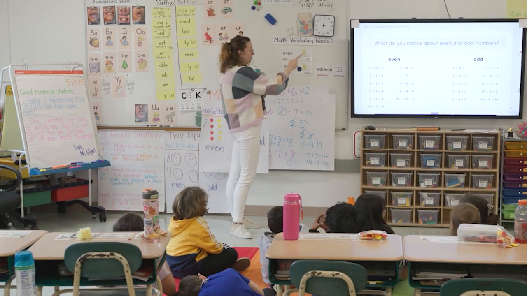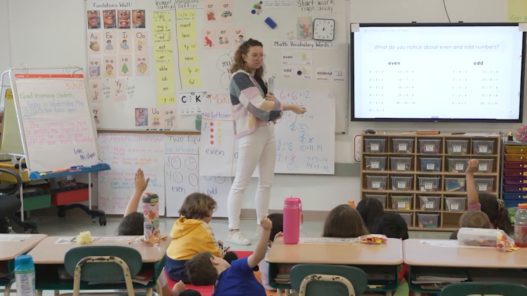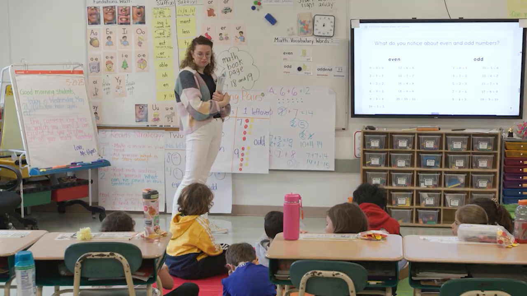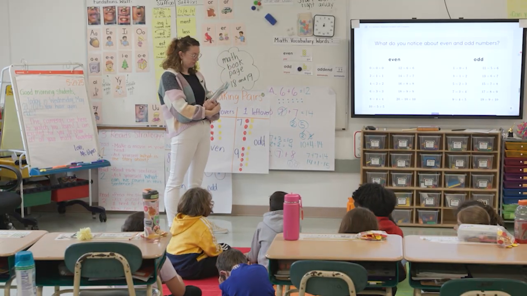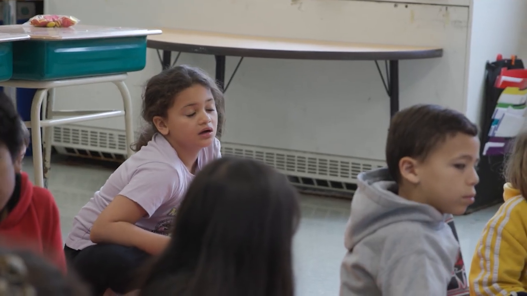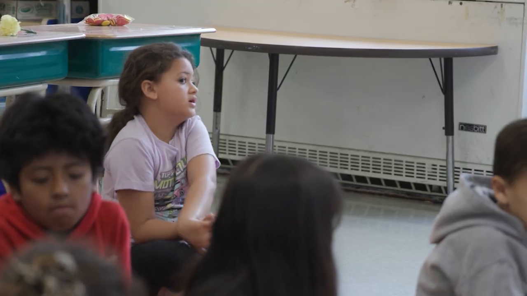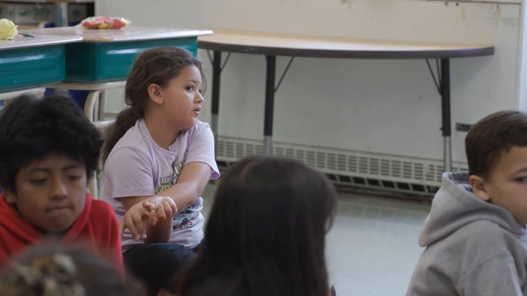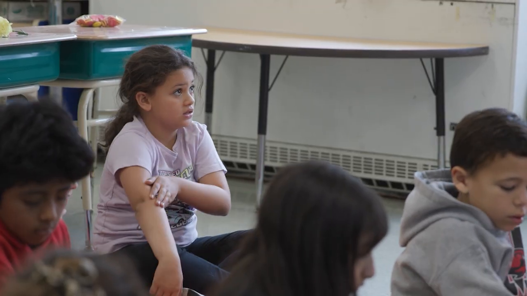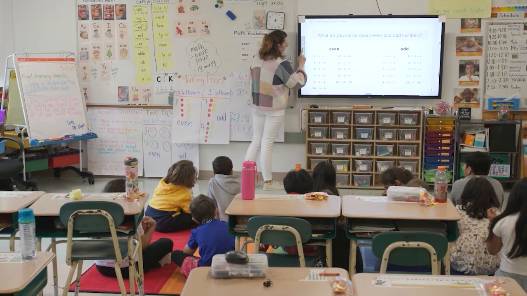Who can use our new math vocabulary word addends to explain what you noticed for the even numbers? Brenda. That the even numbers by the one of the sides, it's counting by ones, and they also are added. Okay, so let's look at this equation right here.